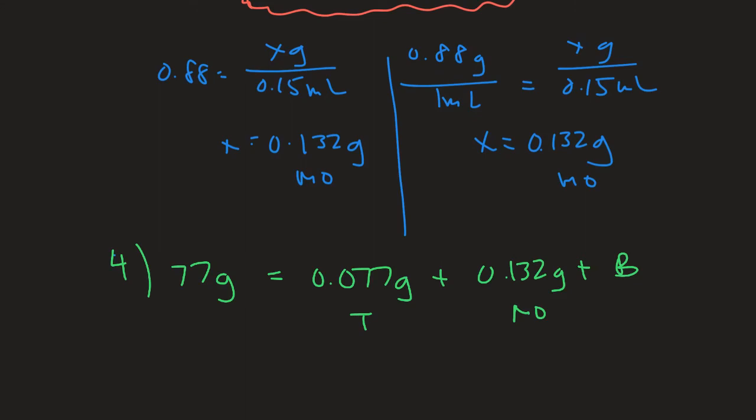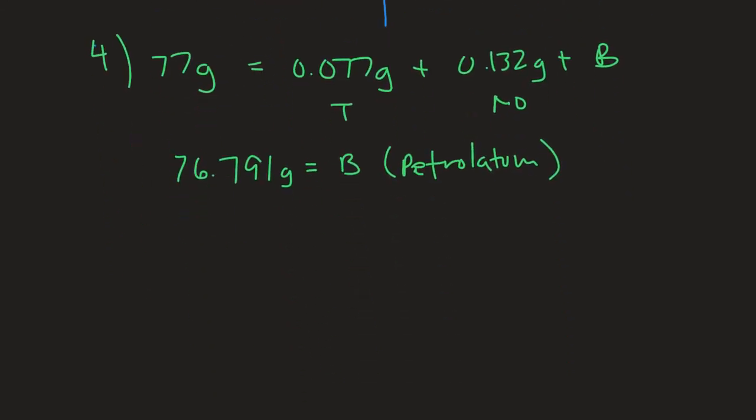So 77 minus 0.077 minus 0.132 gives you 76.791 grams of base. So petrolatum, we're going to need 76.791 grams.